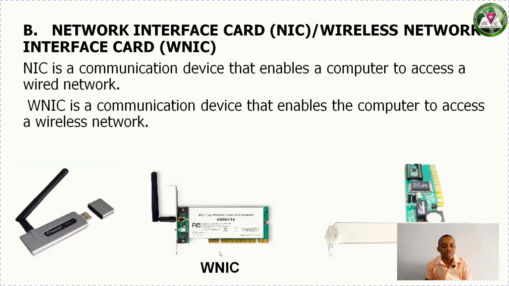Now look, this is the wireless network interface card. Why this is the wired one? This one needs a wire for it to work, while this one doesn't need a wire. So it's a good example of a communication device.